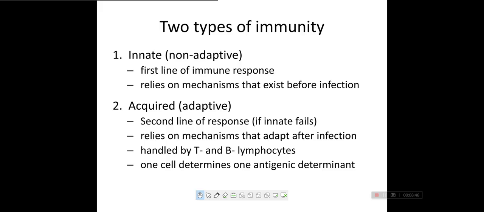When the same infection attacks our body a second time, the second line of response, that is acquired immunity, will be activated immediately and they kill that pathogen. So this is the mechanism.